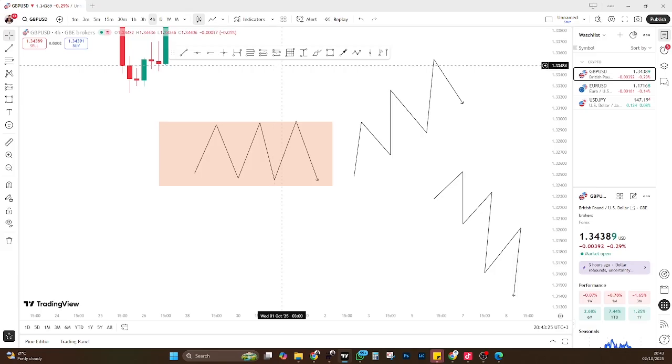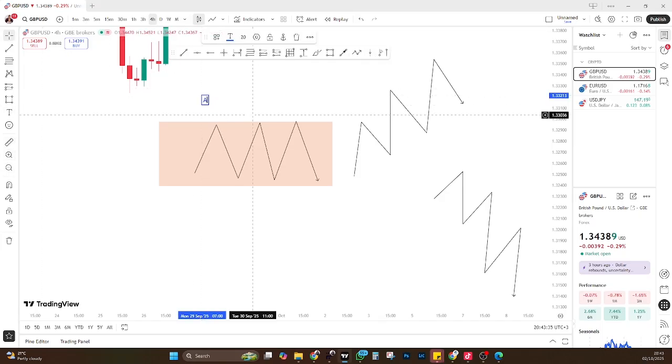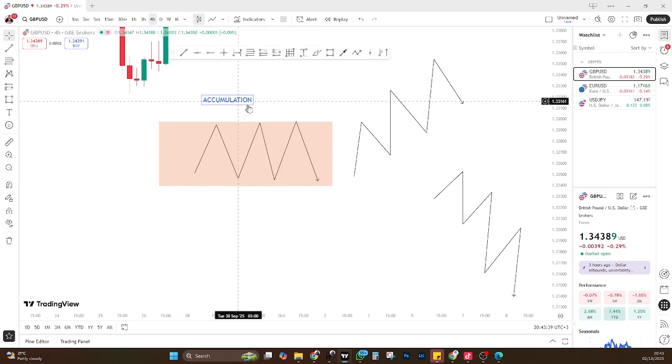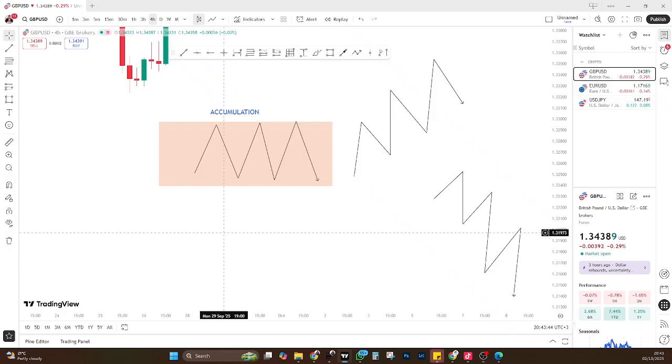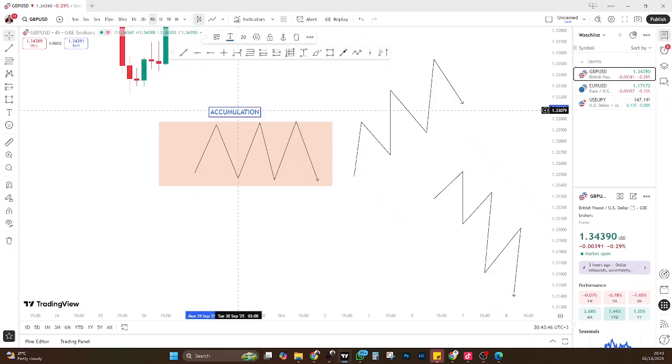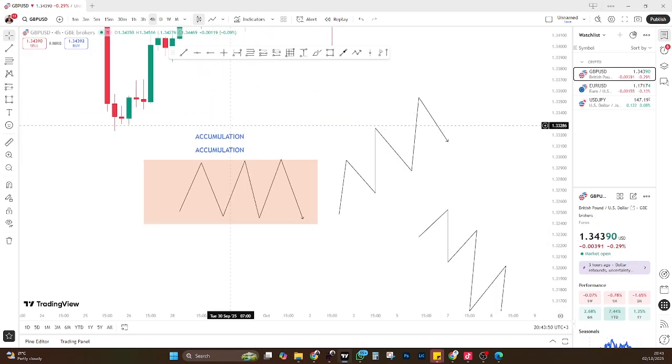This is what we call accumulation. You see that one? Then the market can do something we call manipulation.